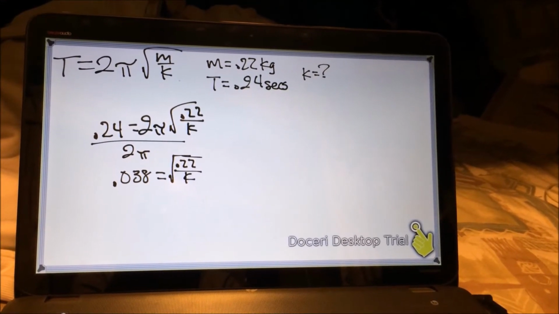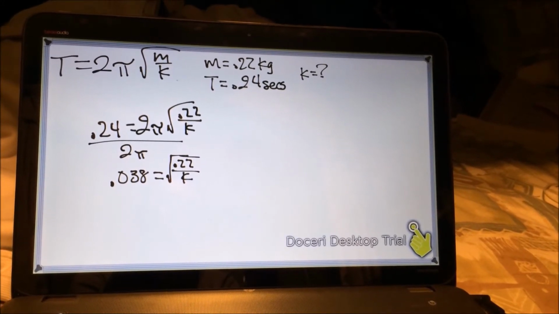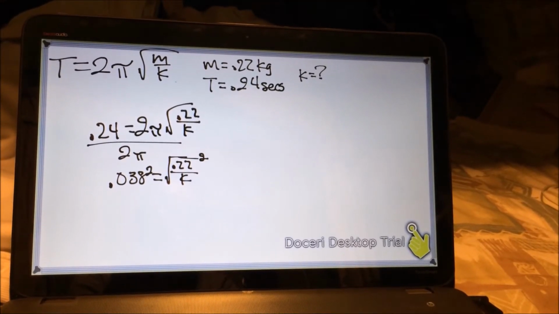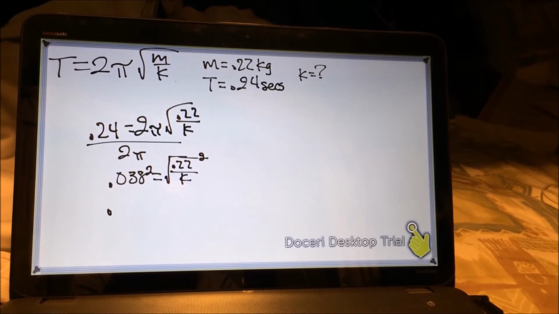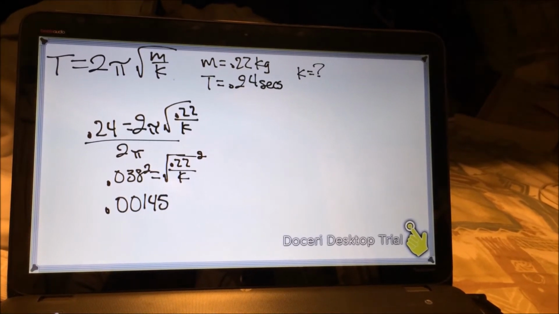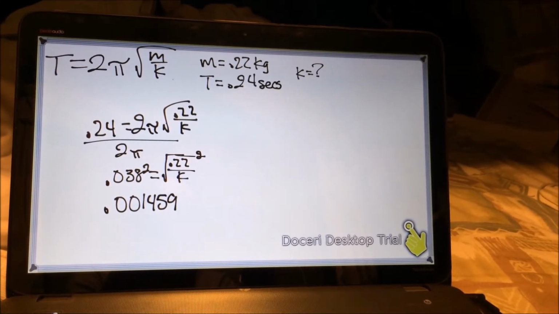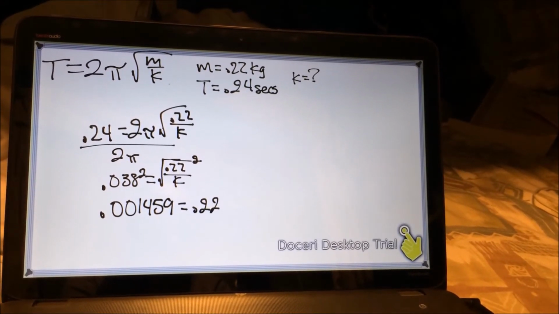Next up, we need to square both sides in order to get a good answer. We square both sides and we get 0.001459 is equal to 0.22 over k.